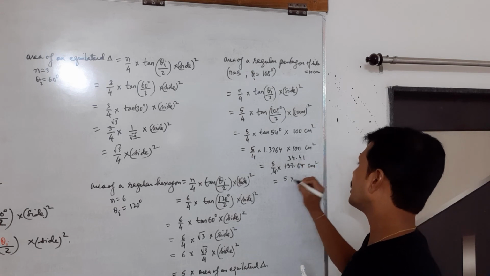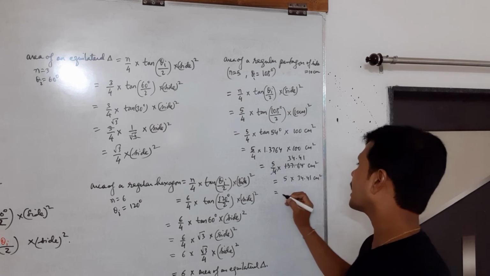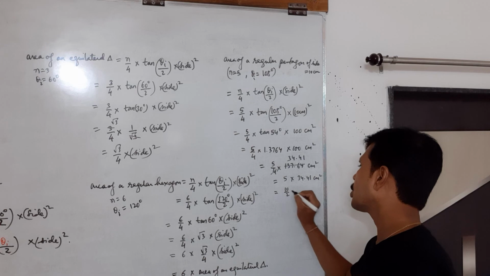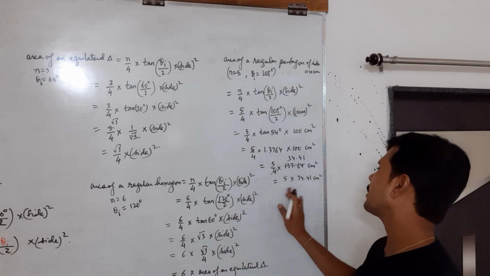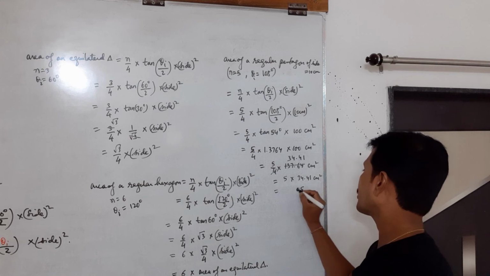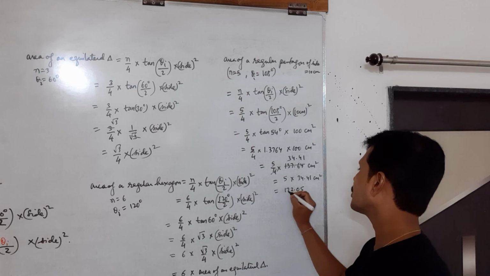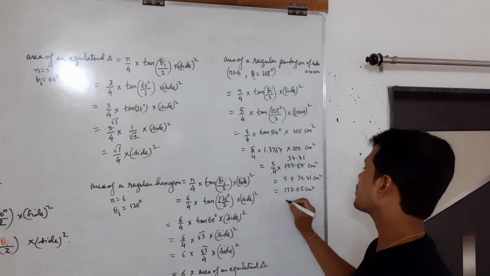So I have 5 into 34.41 centimeter square. You can directly multiply by 5, your wish. 5 1 times 5, 5 4s are 20, carry 2, 20, 22, carry 2, 15 to 17. This is the answer that I got.